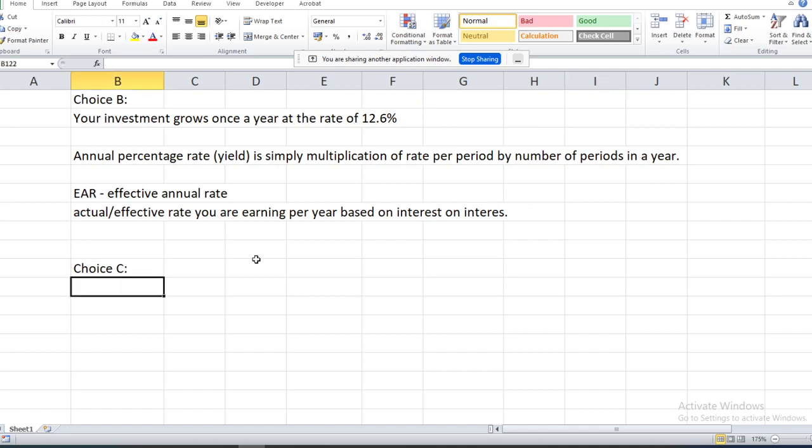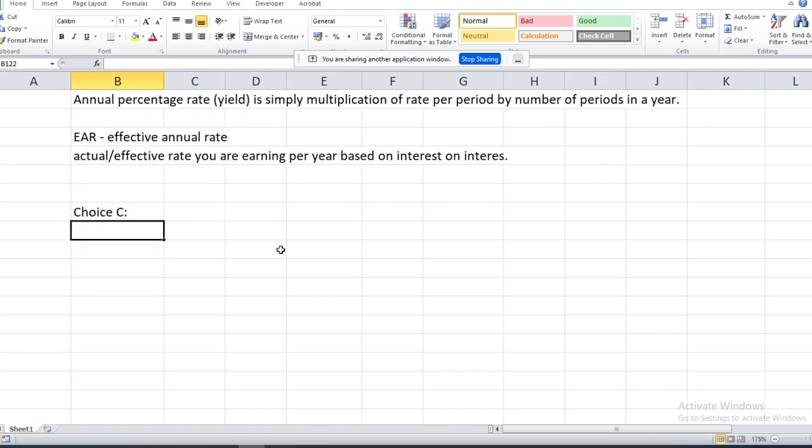So let's say we have an advertisement for 2 more investment choices. Choice C, APR of, let's say, 15.8% with quarterly compounding, which means the investment is growing every quarter.